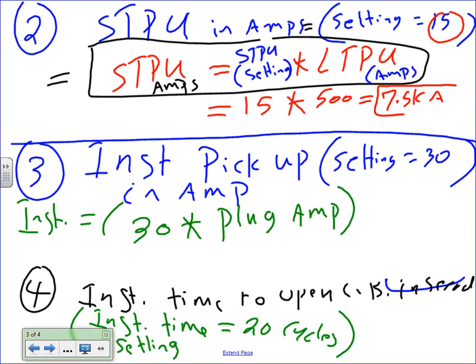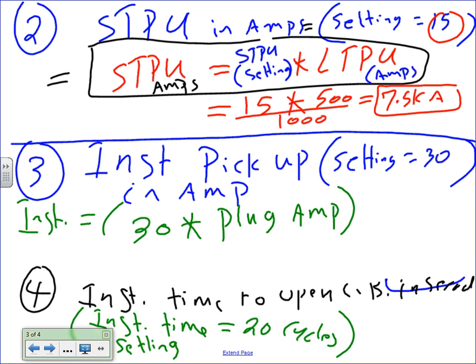I'd like you guys to do these in thousands. Divide this by 1,000. When you start talking about short time pickup, it is always in thousands, right? Everybody knows now. Did I put the 1,000 in the settings there? I did not. Because if you put the answer as 7,500 amps, is it wrong? No. Typically, these are given in thousands.